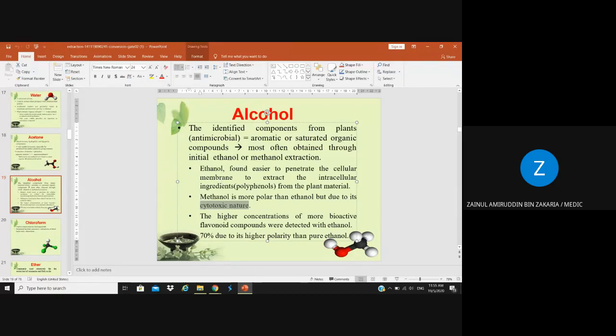So if your extract is targeted for consumption by humans, you need to use ethanol. Even though methanol is cheaper than ethanol, the consequences of consuming a methanol-based product are more hazardous. Ethanol is highly safe for consumption.